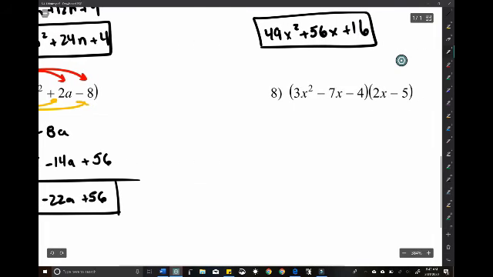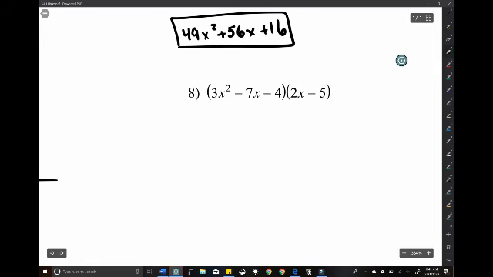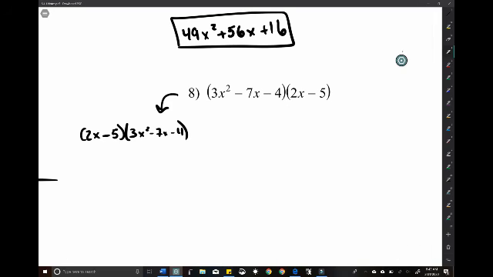Last example, a very similar problem. Sometimes it scares students that it's backwards. You could feel free to rearrange it and have the 2x minus 5 first, and then the 3x squared minus 7x minus 4. Or you can just distribute backwards, kind of. Take 2x times 3x squared, that is just going to be 6x to the third.